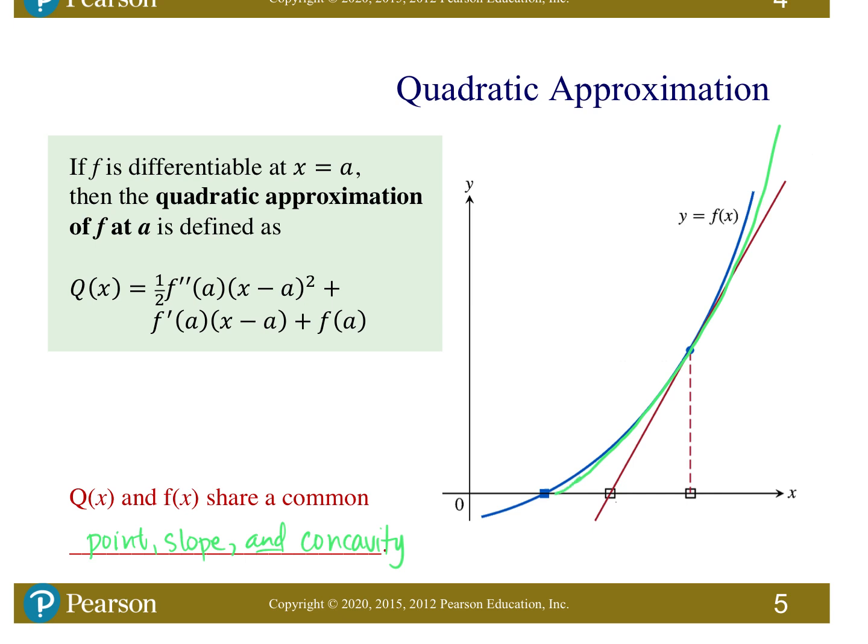And what makes it better is that it follows the curve, the original function, more closely than the linearization does. The way that we build that is we extend our linearization. So I want you to take a look.